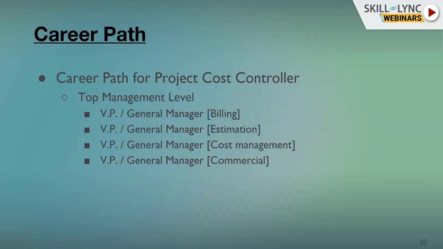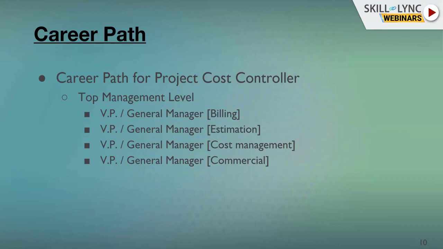Now for the top manager, this is the top management who drives the company. The project cost control, when it goes upwards in the organization structure, he reaches the vice president or general manager for billing, estimation, cost management, or commercials.